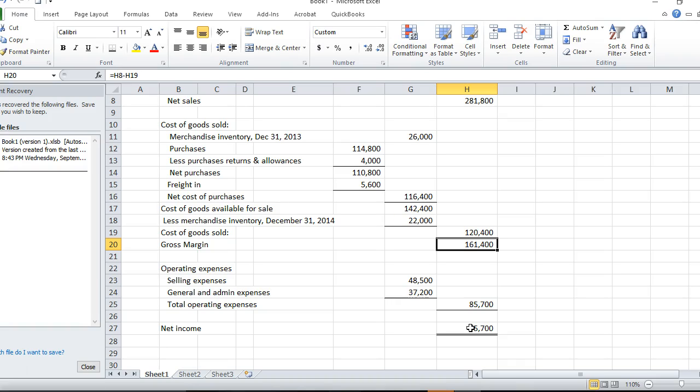You see how it's just a little more complicated here? So our net sales minus our cost of goods sold gives us our gross margin. Okay?